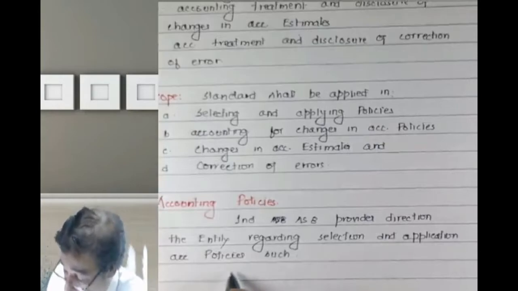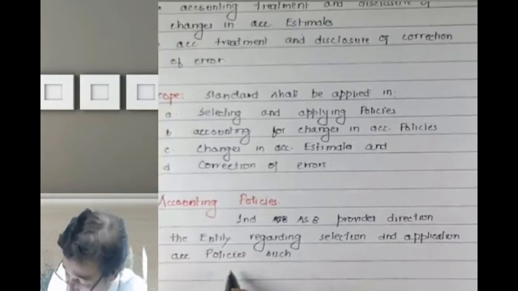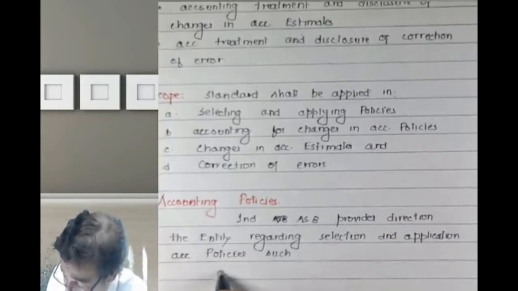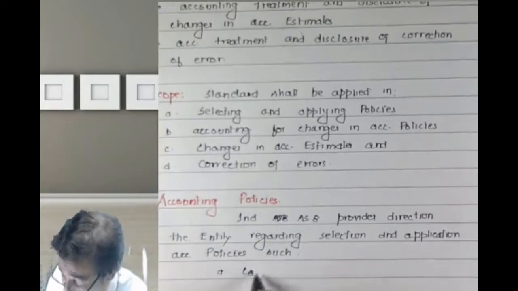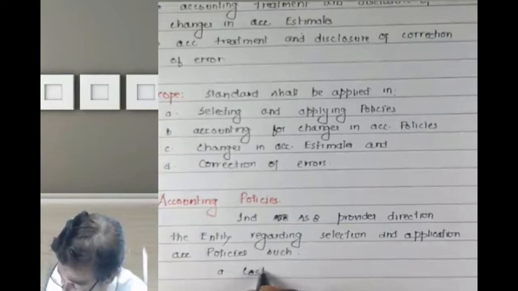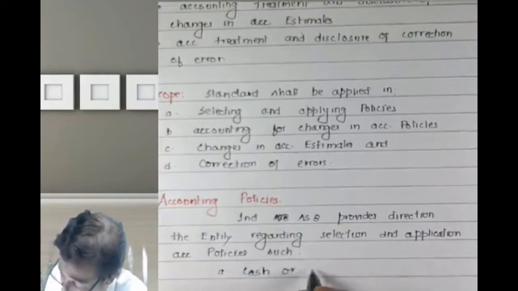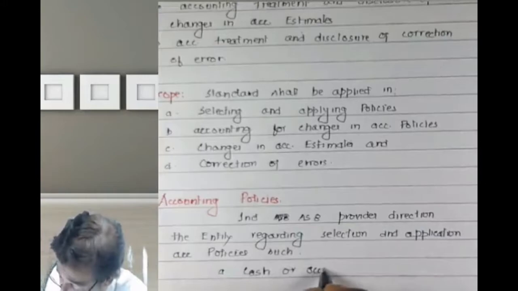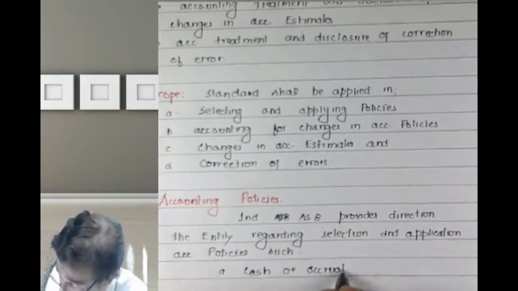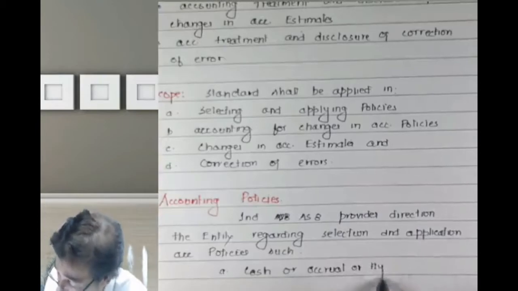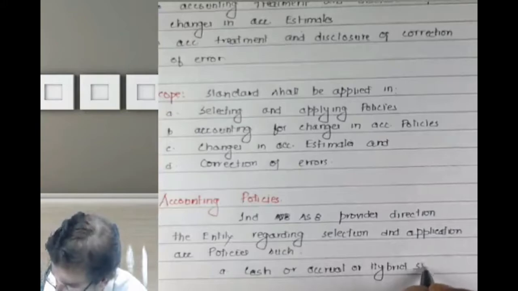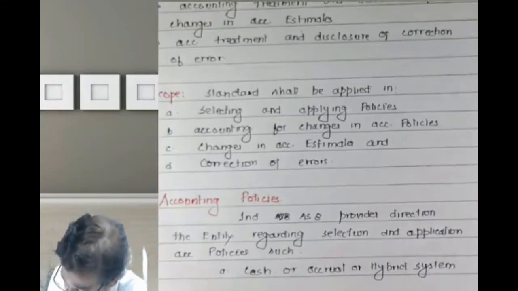So whenever an entity will select an accounting policy, such as A, whether the entity should go for cash system of accounting or accrual system of accounting, cash or accrual or hybrid system of accounting.